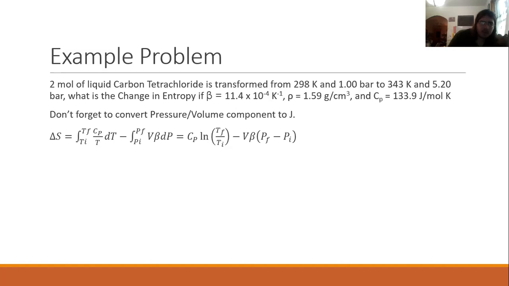First, C sub P dT. C sub P is 133.9 joules per mole Kelvin, times 2 moles, times natural log of 343 divided by 298, because we integrate 1 over T. So the entropy change from the temperature change is 37.6.